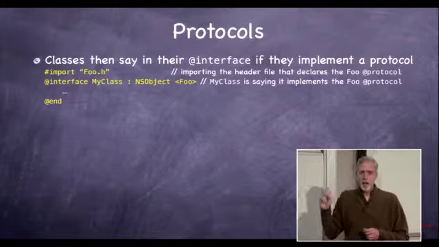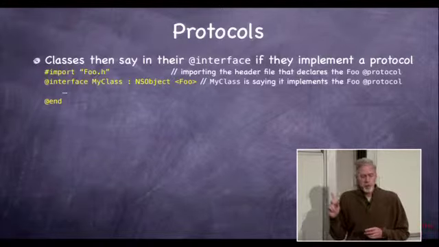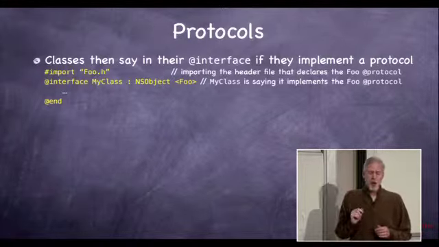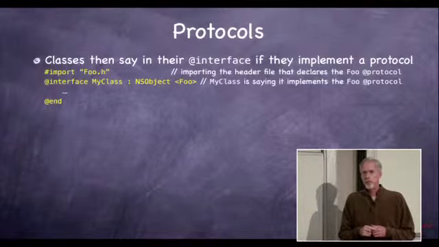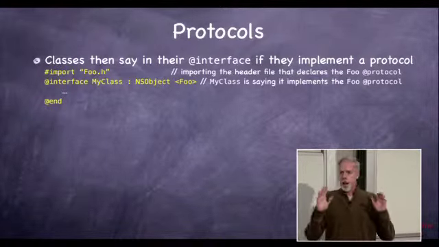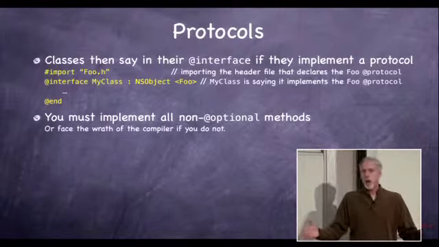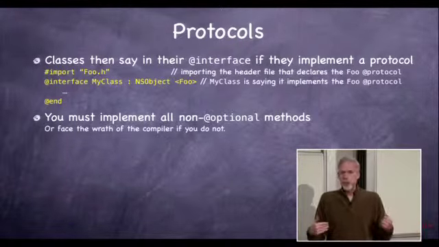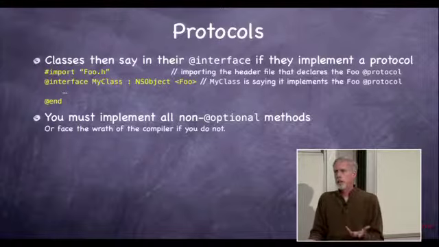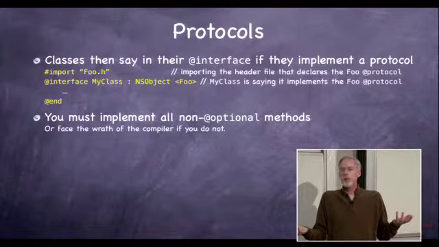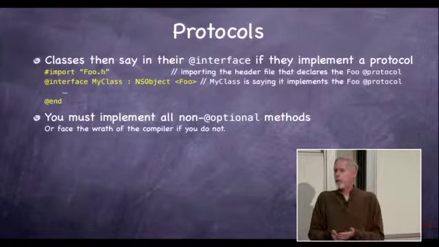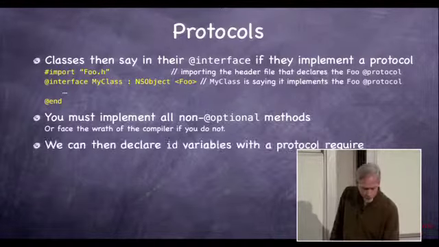So this class, MyClass, inherits from NSObject, and it implements the protocol Foo. Okay? So I'm declaring that I implement the protocol Foo. Well, now I have to implement all the non-optional methods in Foo, and if I don't, the compiler will complain. The compiler will say "incomplete implementation" if you don't implement all the required methods in the Foo protocol.